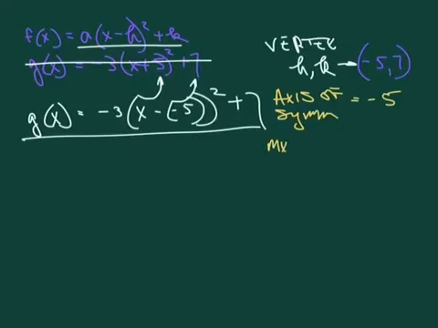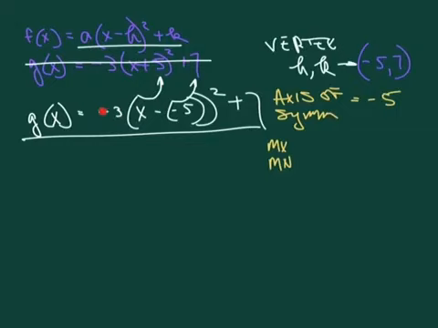And our max or min, does it have a max or a min? Well, whether it has a max or a min is always dependent on the sign here. If this sign is a negative, then we have a maximum value.